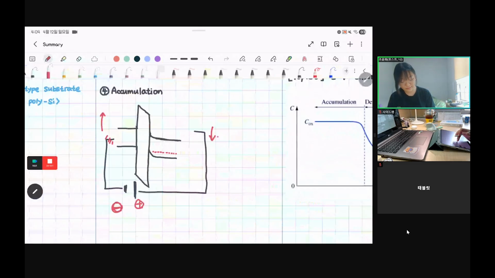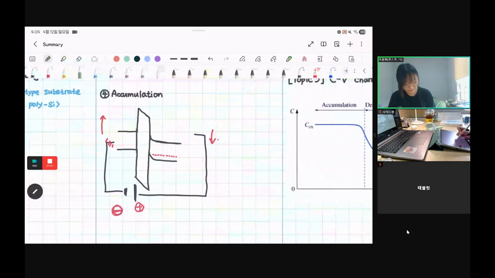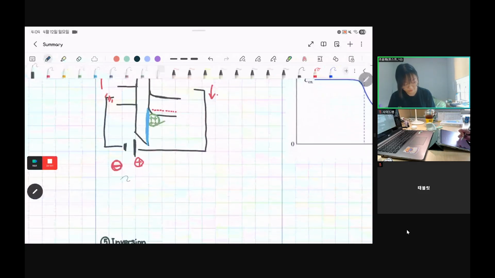And for this state, the holes gather at this surface. So we can draw the charge density graph like this.